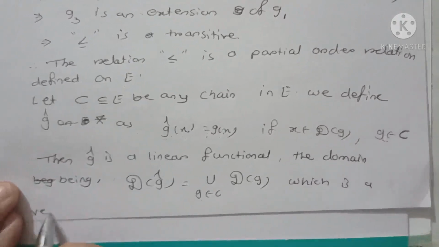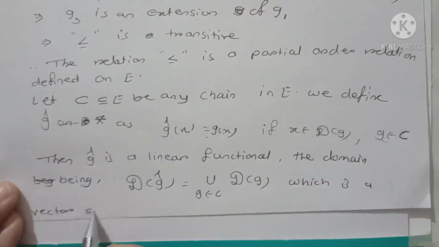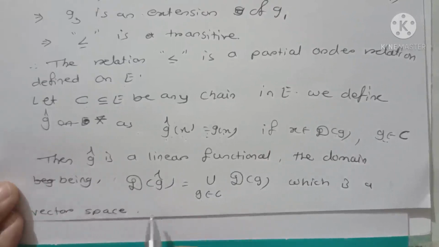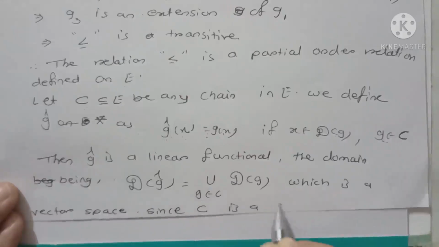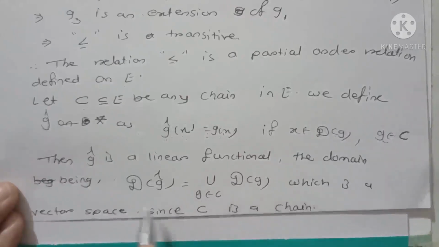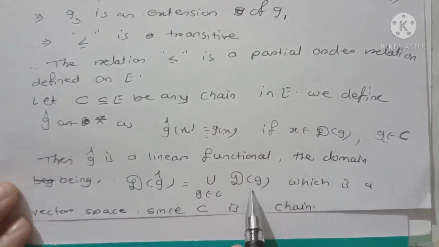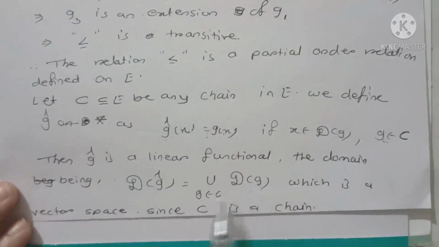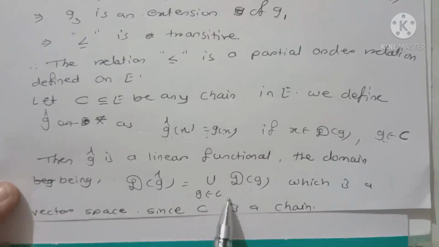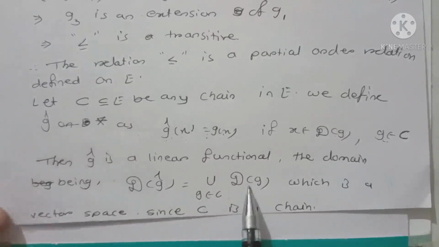Since C is a chain, it is a vector space. Now it is a vector space because all these domains of g, where g is an element of C, are vector spaces: g is a linear functional and therefore its domain is a vector space.